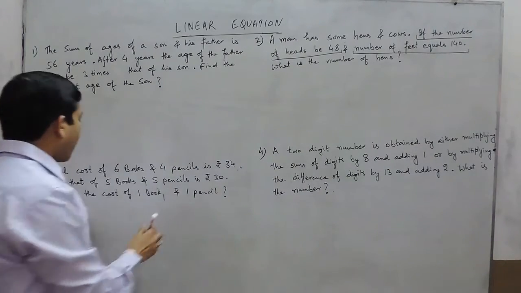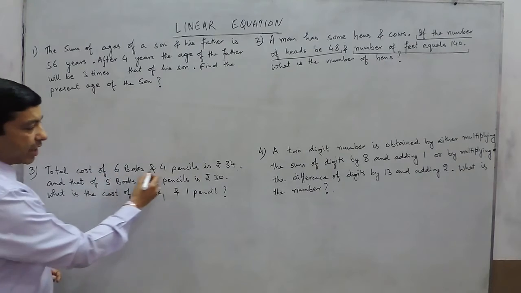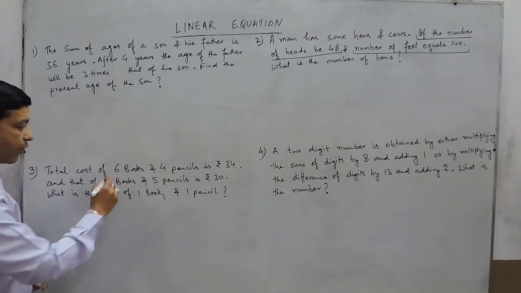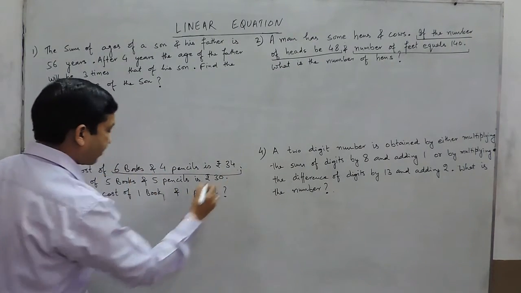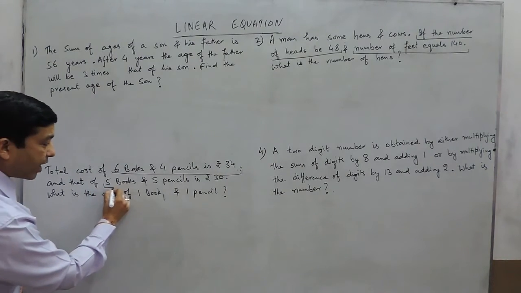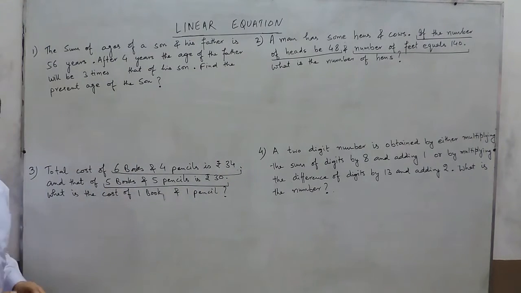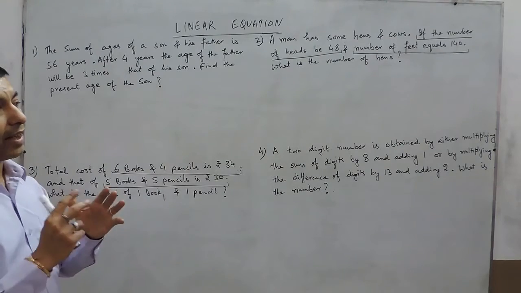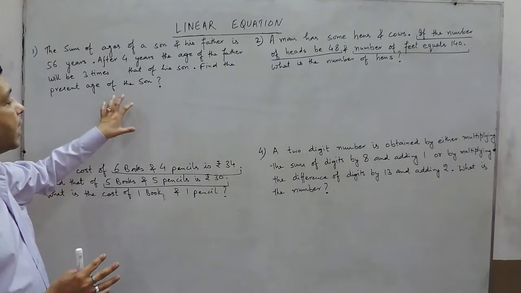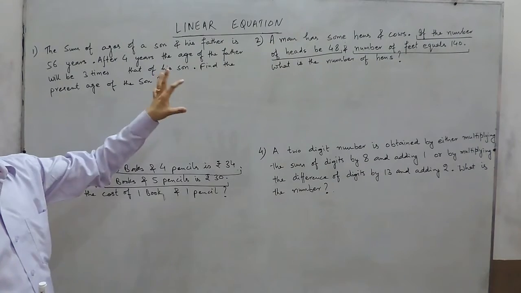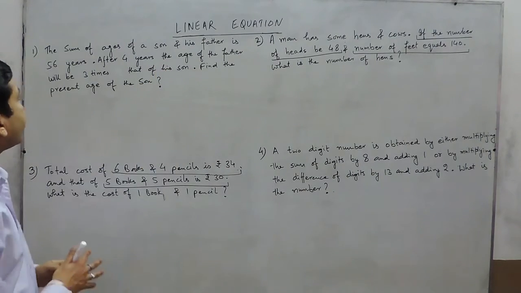In the same way, if we talk about question number 3, total cost of 6 books and 4 pencils is 34. This is one statement. And that of 5 books and 5 pencils is 30. This is another statement. So if we are having two statements, that is for sure that we need two variables in that case.